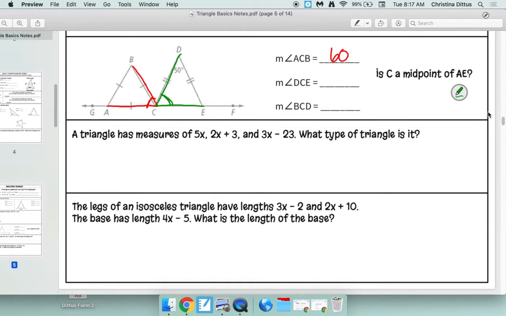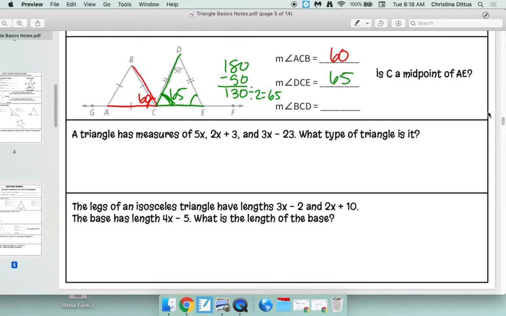Good. I know that triangle CDE adds up to 180, so subtract out that 50. That leaves me with 130 for both of these angles. So split it in 2. We get 65 for that angle. Did I not label that one? My bad.